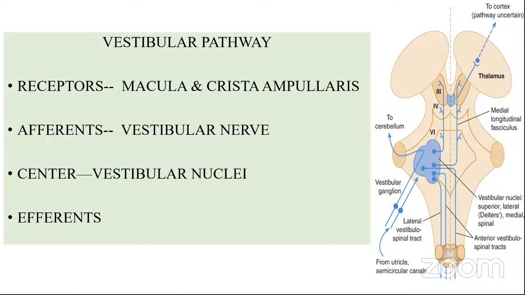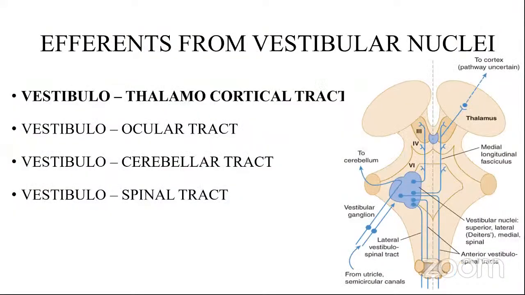So the vestibular pathway, as you know: receptors are the macula and crista ampullaris, afferents are the vestibular nerve, center is the vestibular nuclei, and then efferents from the vestibular nuclei.